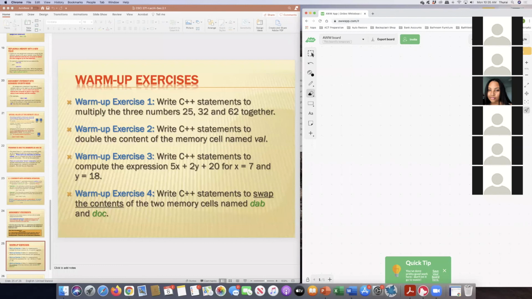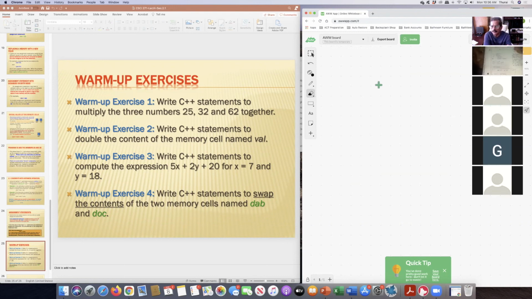It's okay to have the camera turned off, but if you have the answer, I like to see it. You're all muted, so if anybody wants to talk, you have to unmute yourself.